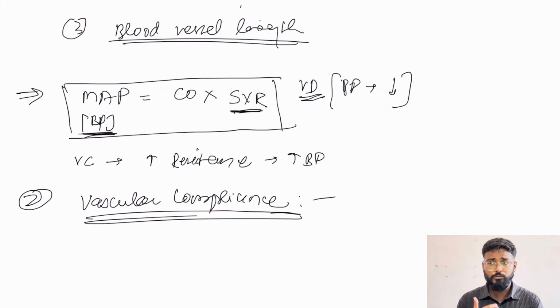So the blood vessels have this capacity to expand whenever the ventricles eject the blood into the aorta.